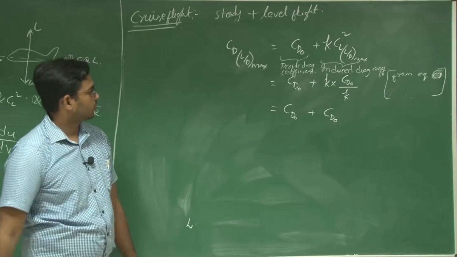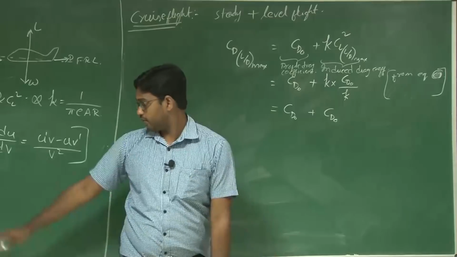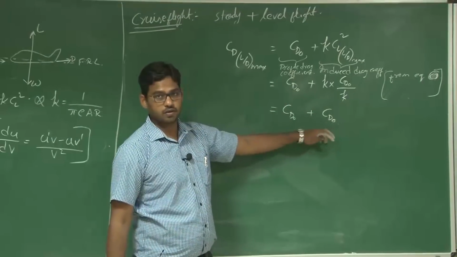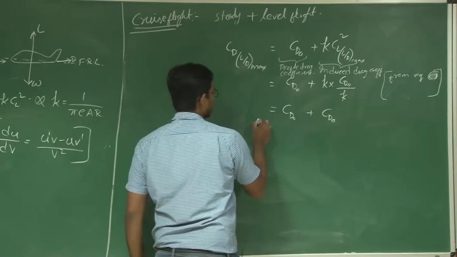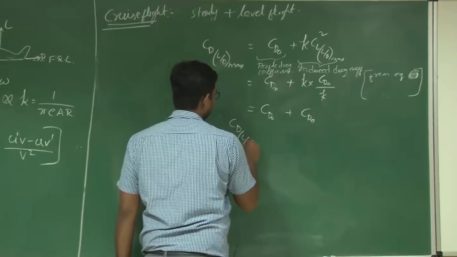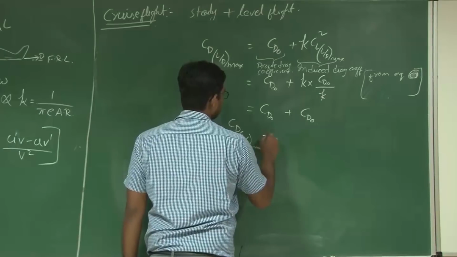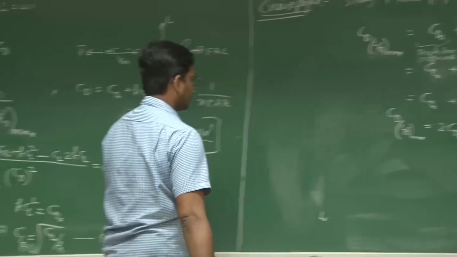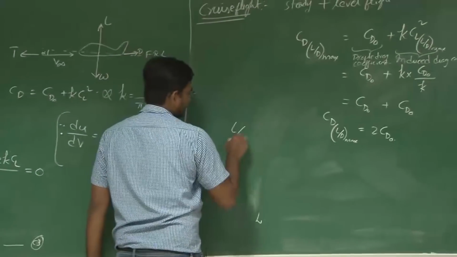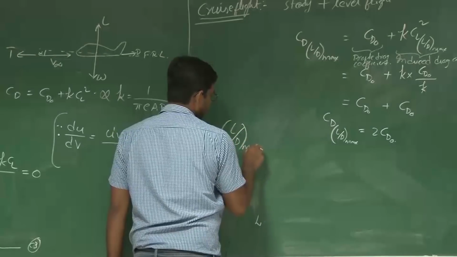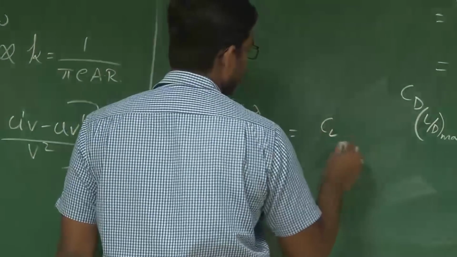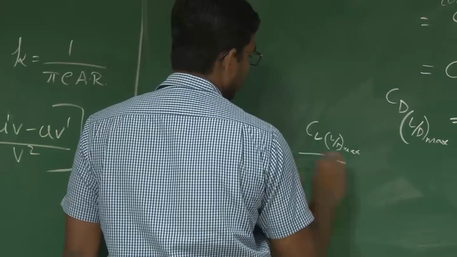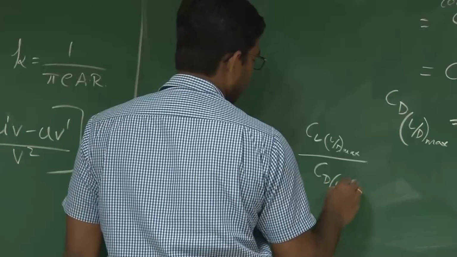Right. So in this case, during the L/D max condition, your profile drag is equal to induced drag, right? So the total drag coefficient here for L/D max is equivalent to 2 CD naught, right? Now what is L/D max? It is equal to CL for L/D max and CD for L/D max.